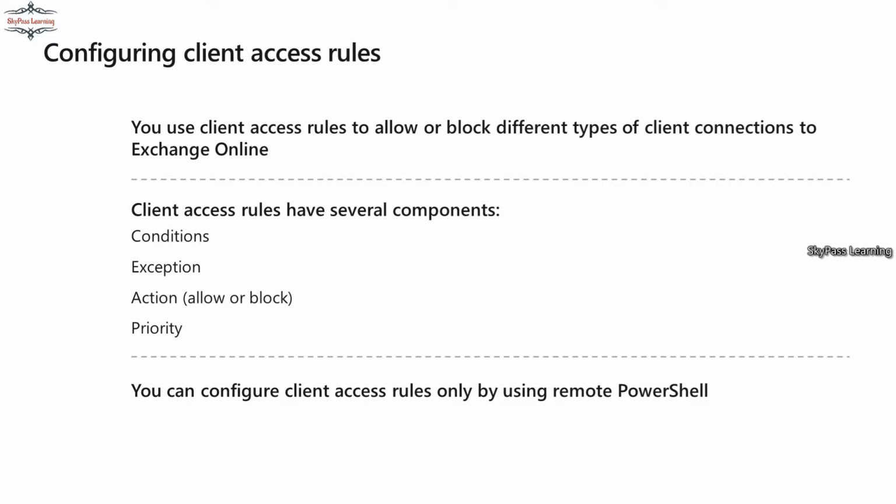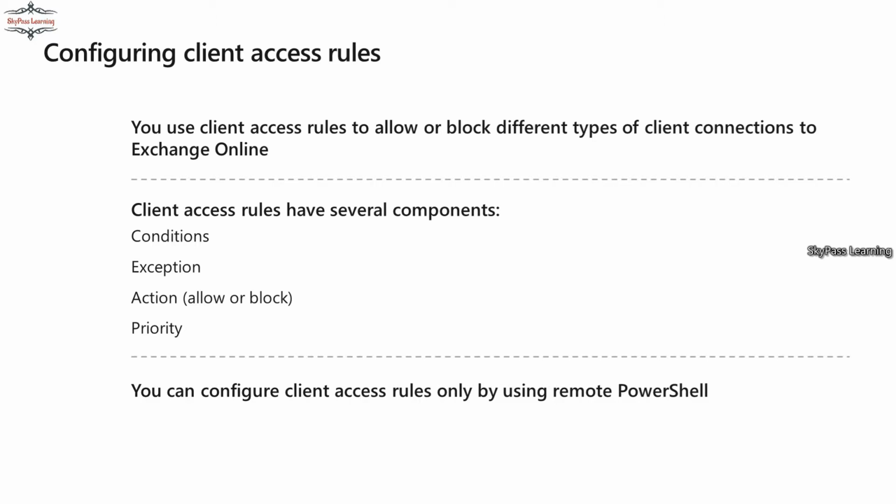With ActiveSync, you can restrict specific users so they can use ActiveSync on their mobile devices only from specific IP addresses. Once the desired condition matches or is satisfied, only then will the block or allow action be applicable. You can set the rules on the basis of priority levels, whether a rule is applied at higher or lower priority.